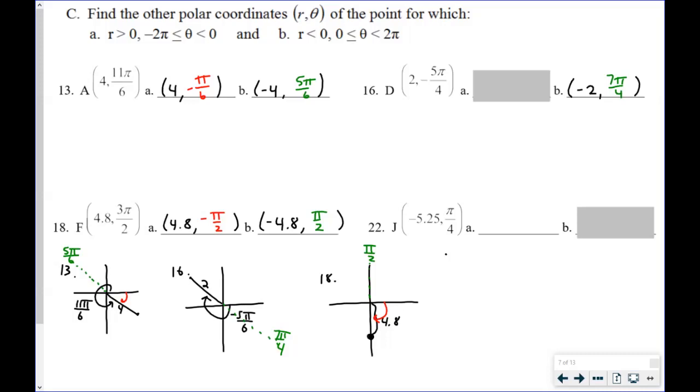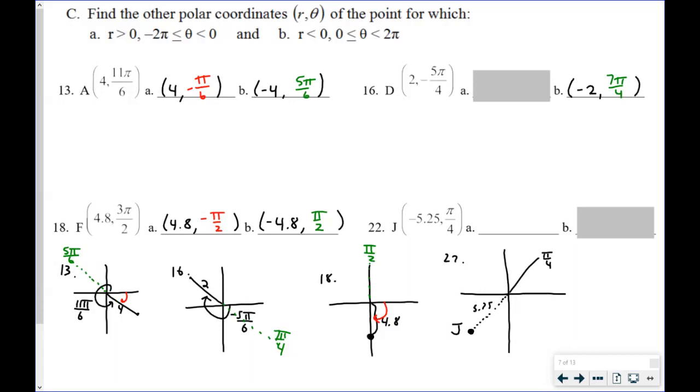Okay, so let me graph 22 here. This is the point with angle π/4. Well, π/4 sits out here, right in the middle of the first quadrant, so it's sketched a little funny. But we are graphing a negative value of r, so we actually need to go across the origin down here to 5π/4, and that is where we actually graph it. And that has a distance of 5.25 away from the pole.